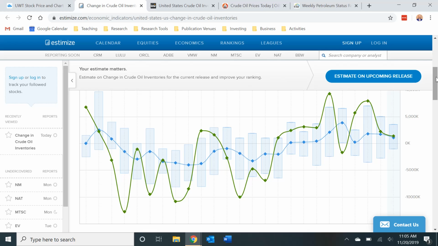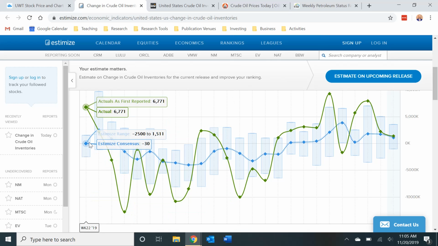But before we look at the actual oil inventory report, we need to know what the analysts are expecting for the week, okay? So there are 2 tools you can use to do this. Estimize.com has in their economic indicators section, United States change in crude oil inventories.